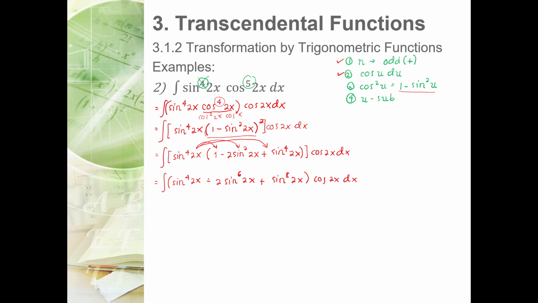Before we integrate, let's arrange the integrand in descending order of degree. What comes first is your eighth power. So sine to the 8th of 2x minus 2 sine to the 6th of 2x, then plus sine to the fourth of 2x, then cosine 2x dx.